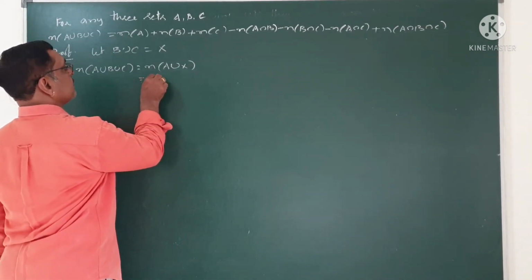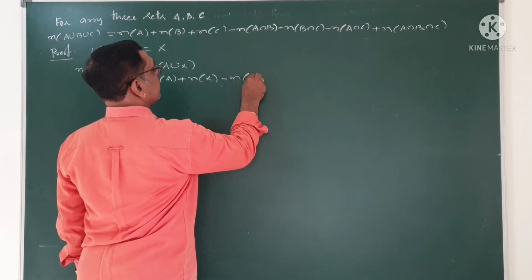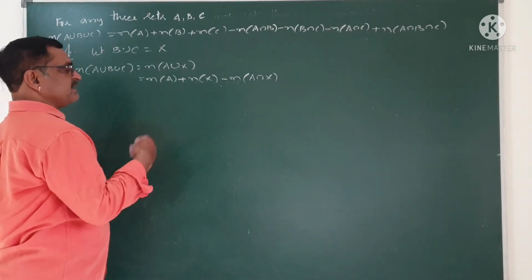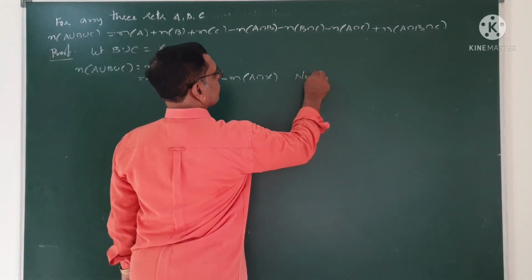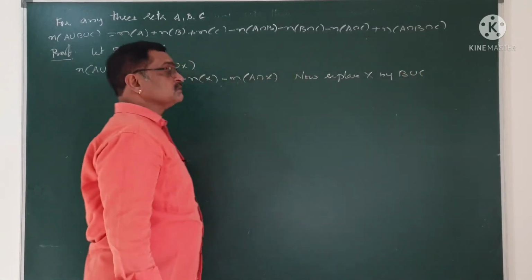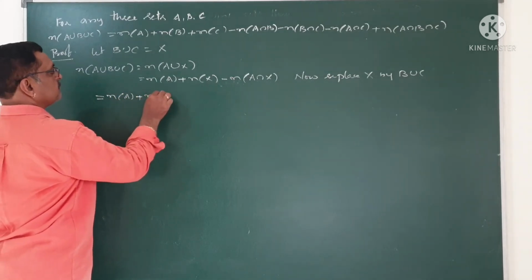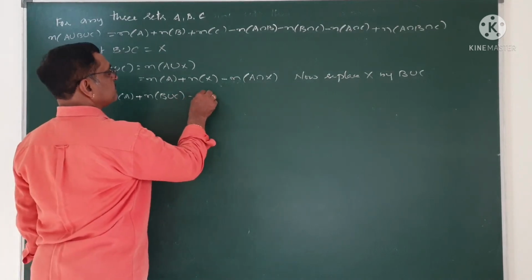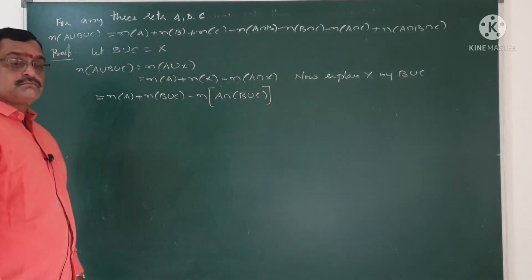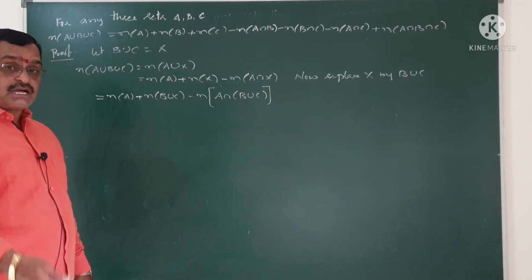What do we have? n of A plus n of X minus n of A intersection X. Now I replace X by B union C. So we get n of A plus n of B union C minus n of A intersection B union C. Now the second term is n of B union C. I can apply the two sets concept here.